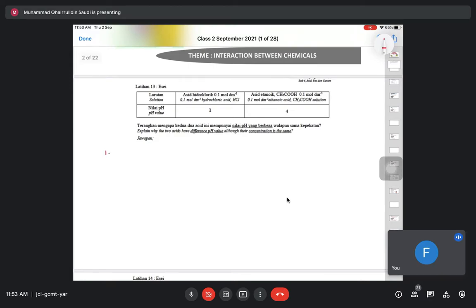The first one, you have to tell that hydrochloric acid is a strong acid, while ethanoic acid is a weak acid. Okay, good. This is 1 point.